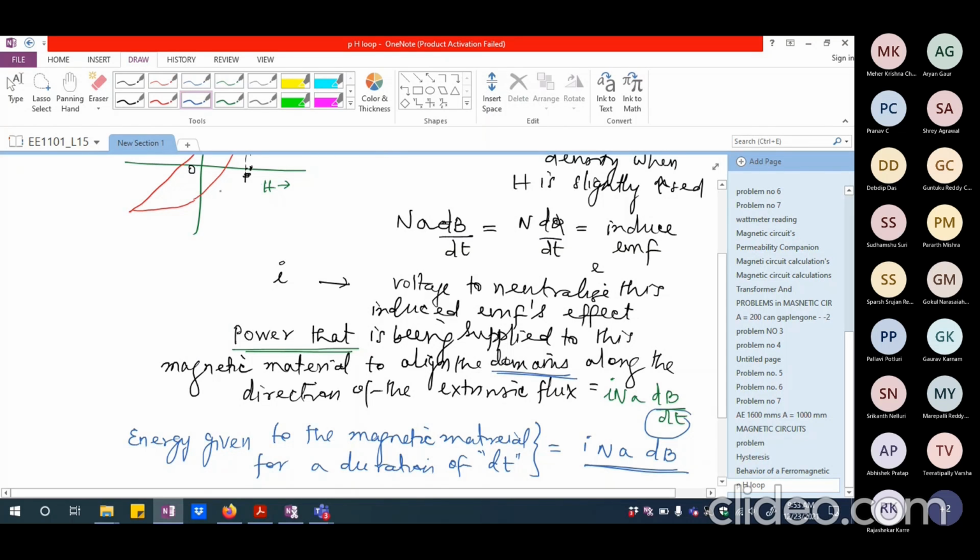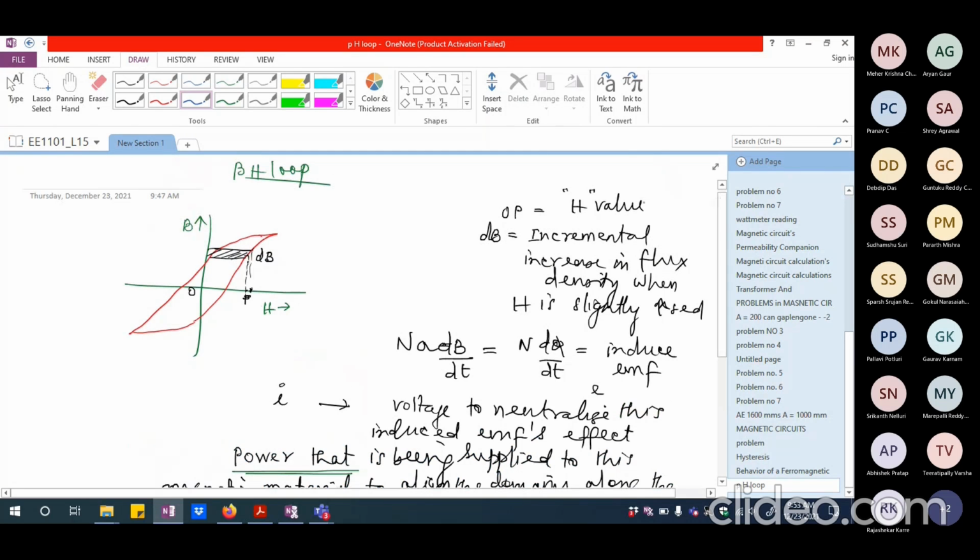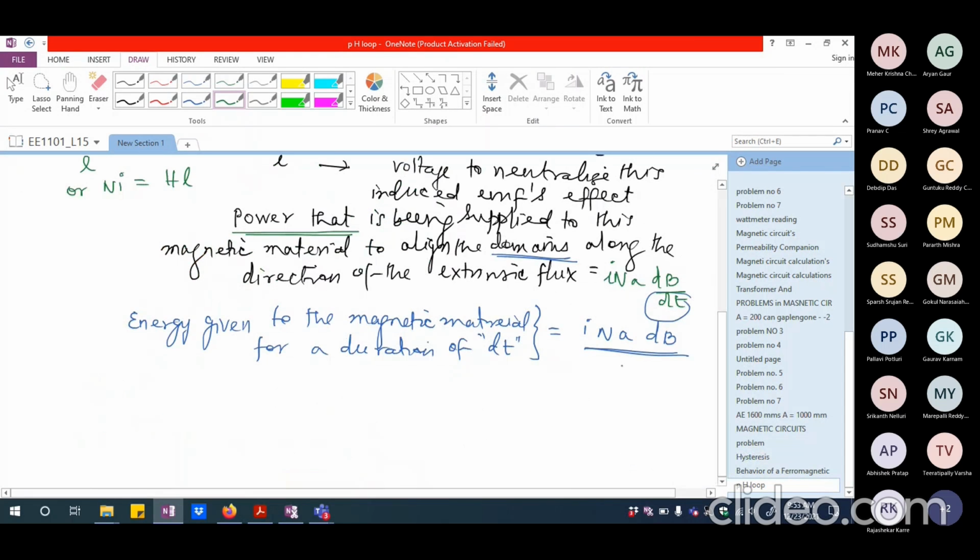Now, if I say that this magnetic material is this, and I am winding a coil around this like this, I can say the length of the magnetic material is L, and N i divided by L is H, or N i equals H times L. So I can replace this N i by H times L times A multiplied by dB.